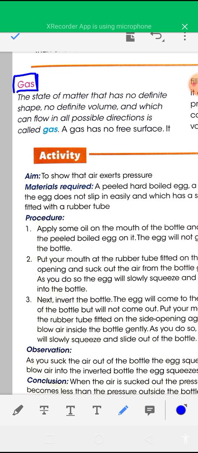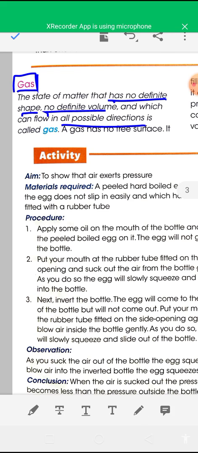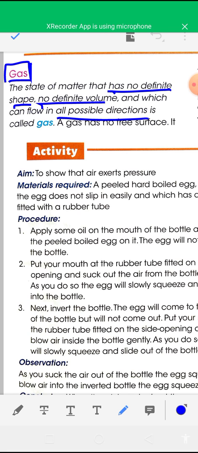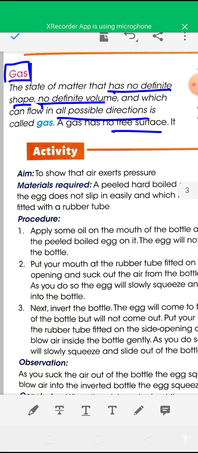The state of matter that has no definite shape, no definite volume, and which can flow in all possible directions is called gas. So the state of matter that has no definite shape, no definite volume, and which can flow in all possible directions is called gaseous state. And gaseous state has no free surface.